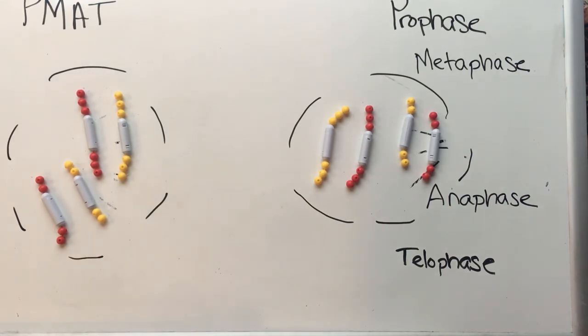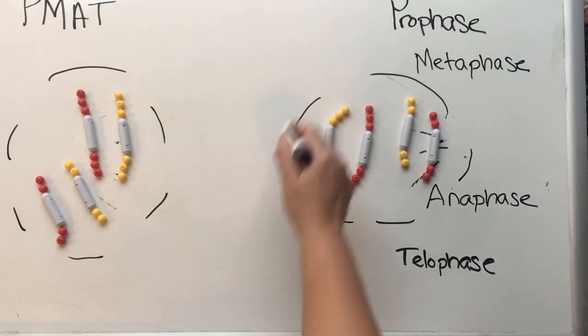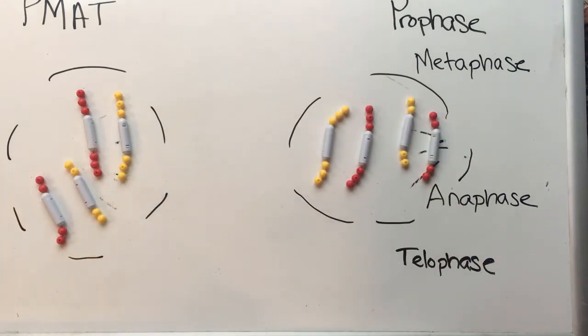And as telophase progresses, the DNA will start to decondense. So remember, in prophase, the DNA condensed and the nuclear envelope broke down. In telophase, the nuclear envelope is coming back and the DNA is starting to loosen up again.